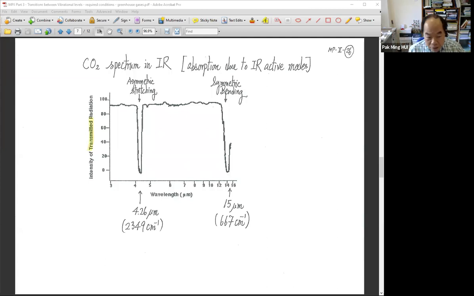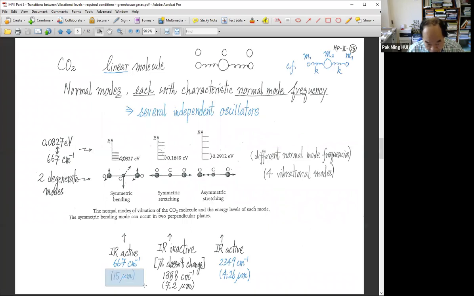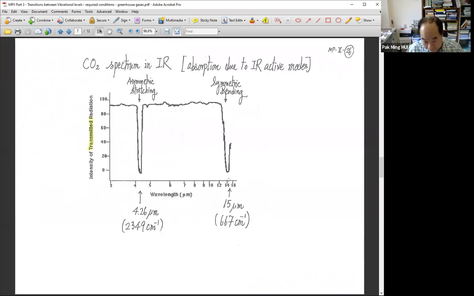Now, then you see, this is transmission, therefore, you see this dip, okay? One at this wave number, 2,300, one at 667, okay? In micron, I gave you the number already, 15. So this one, around here, okay?